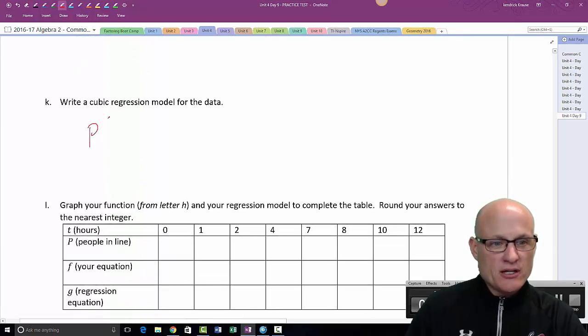So, I get P of T is equal to, now A equals, B equals, C equals, and D equals.